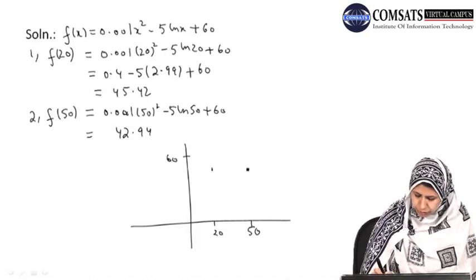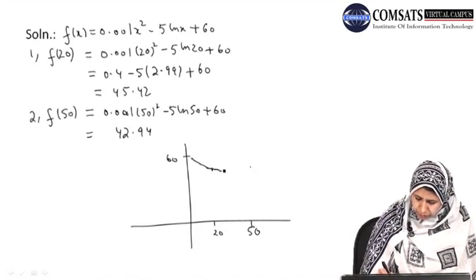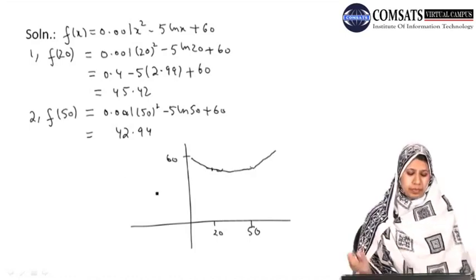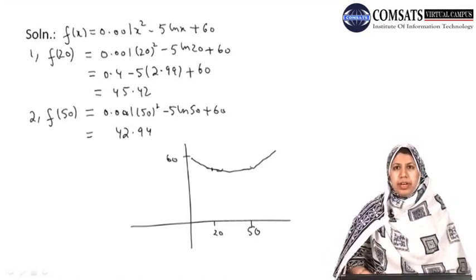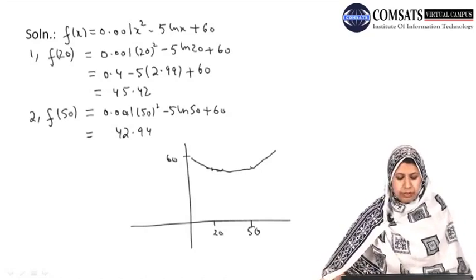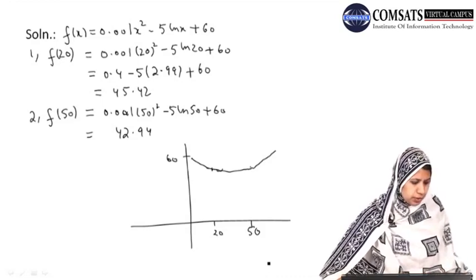For the case of 50, this is, let's say, 42. So the graph looks like this. So if we are given a logarithmic function, we can easily find the values of the variable by putting the value in the log function, and we will obtain our required cost function.